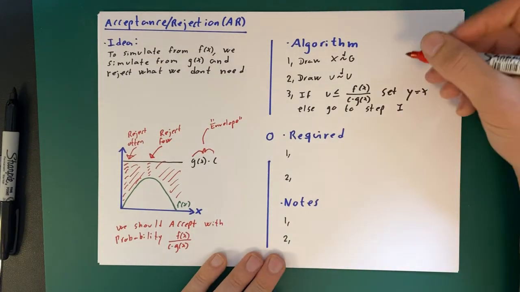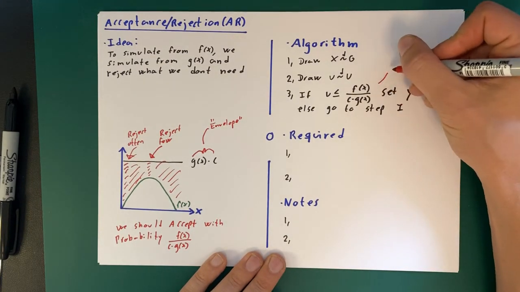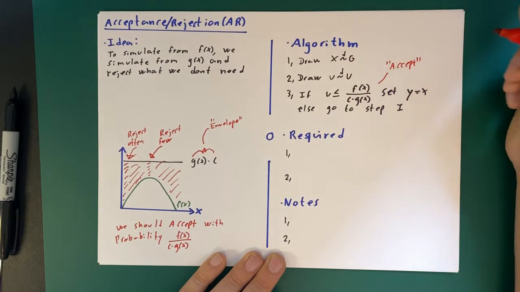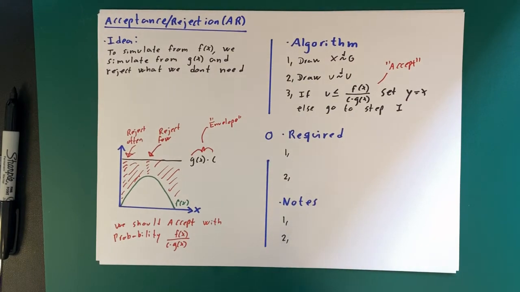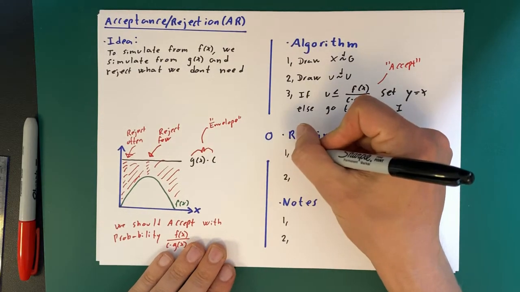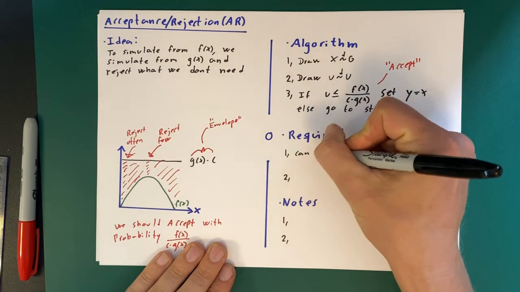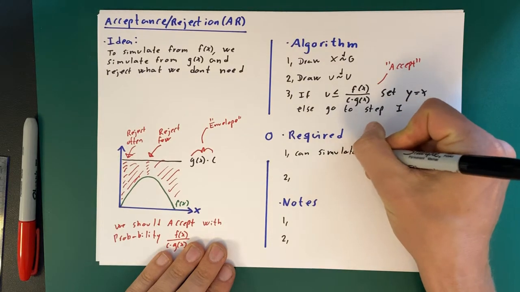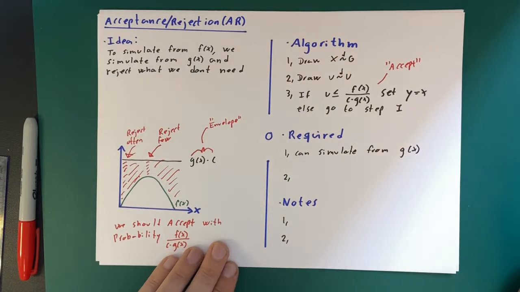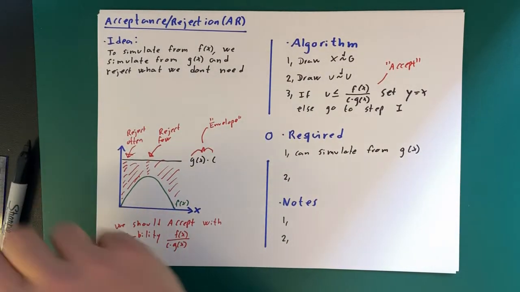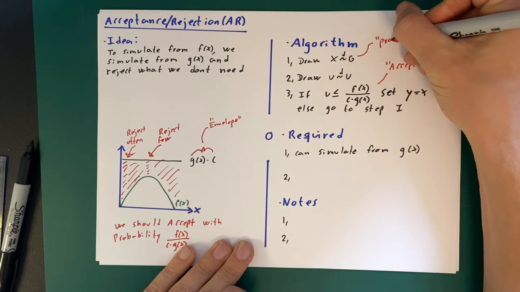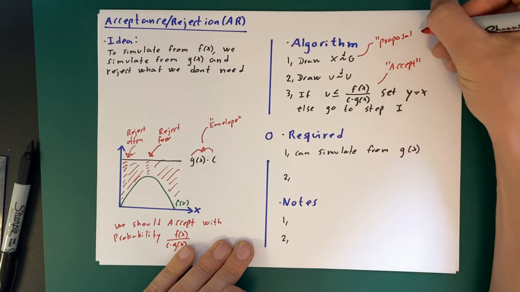And we might say that this means that we will accept x. Okay. What is required of this method is that, one, we can simulate from g of x, well, from the proposal distribution.